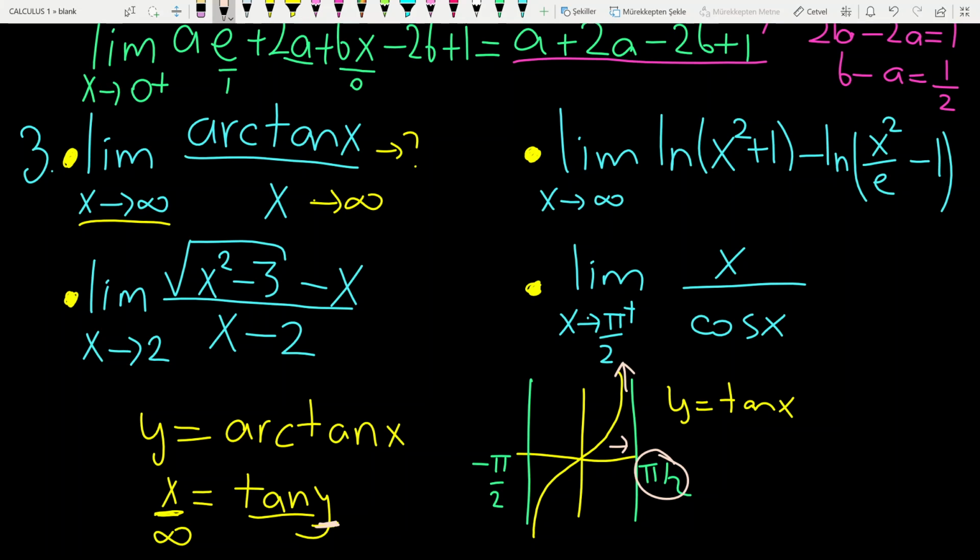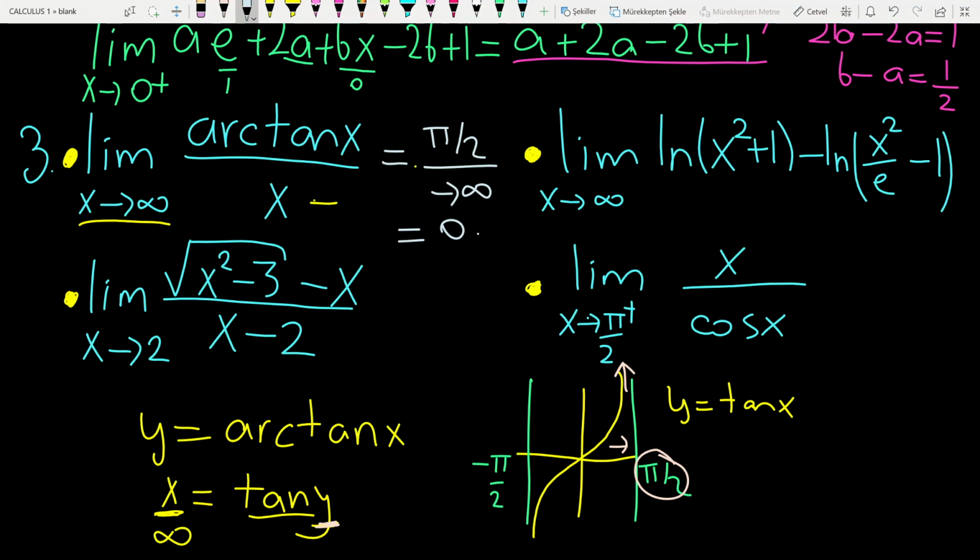So the answer is, in the numerator we have a number, which is pi over 2. Numerator goes to pi over 2. Denominator goes to infinity. So the answer is 0. Maybe it's difficult, but a nice question. Okay, it is the solution of the first one.